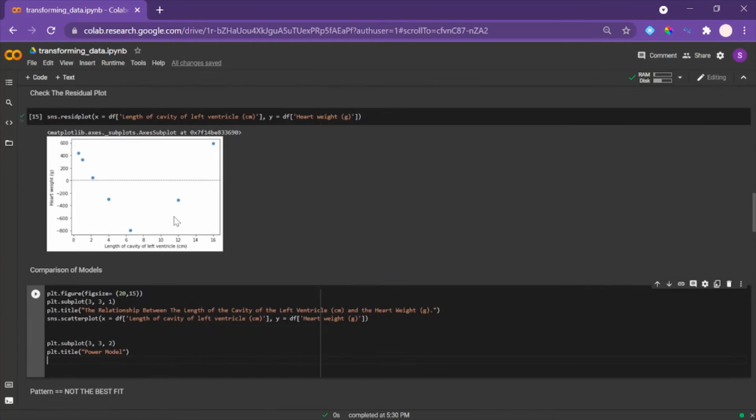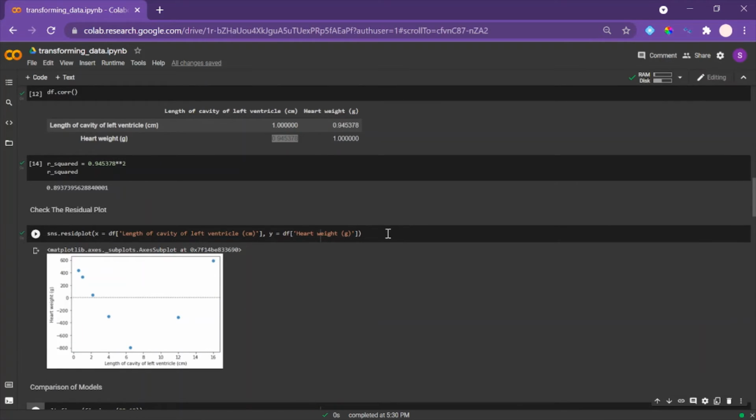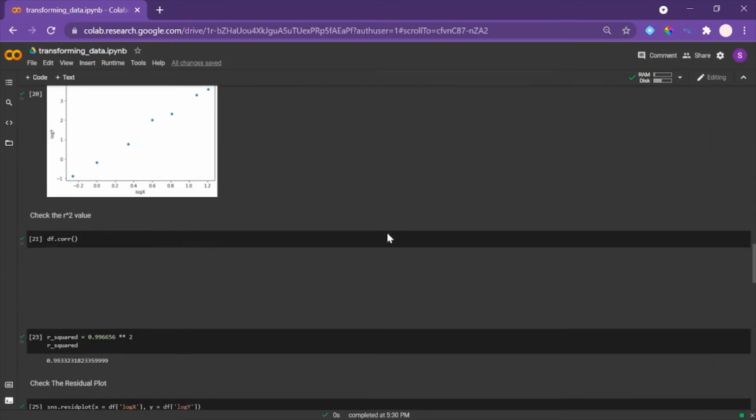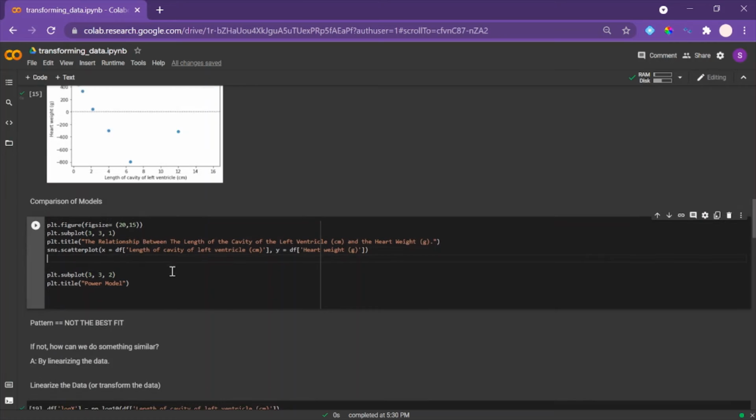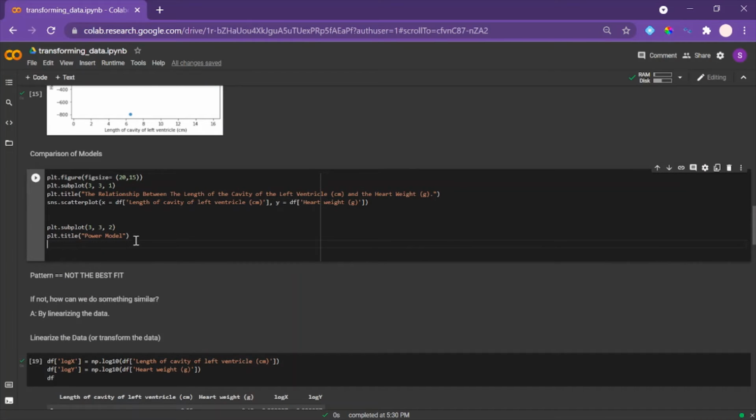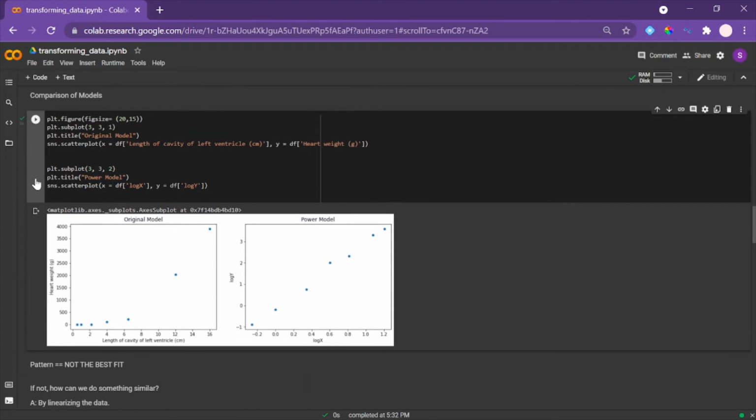And now what do we want? We want this one, right? Okay. And this is the power model, right? I was going to say this is the original model.